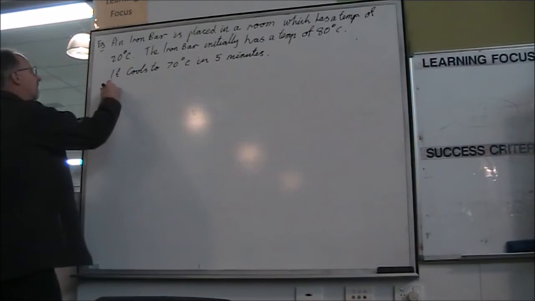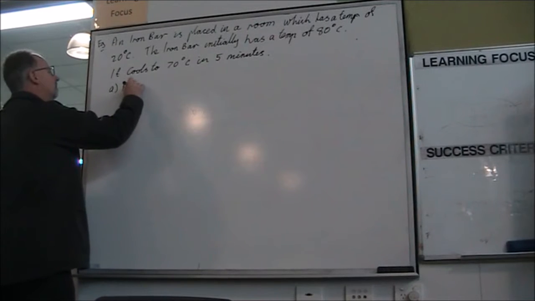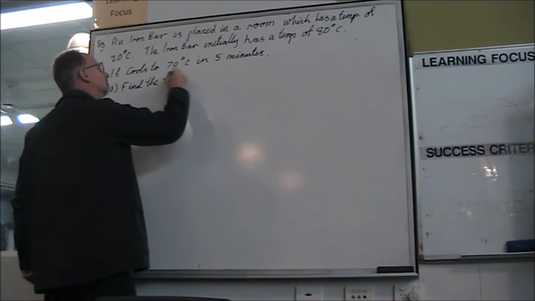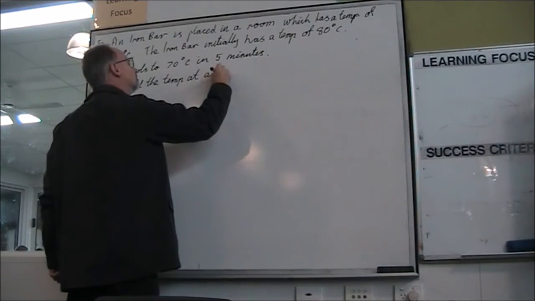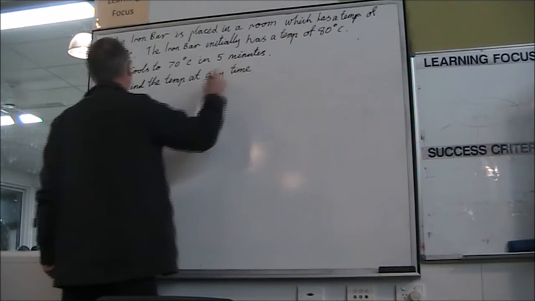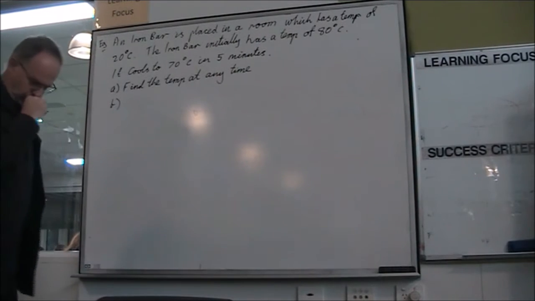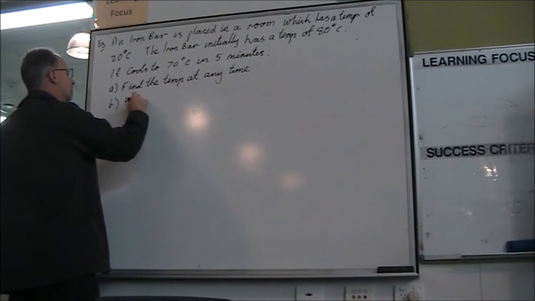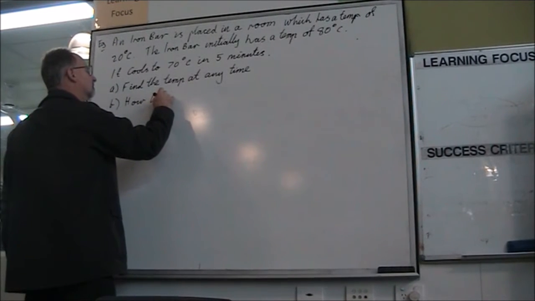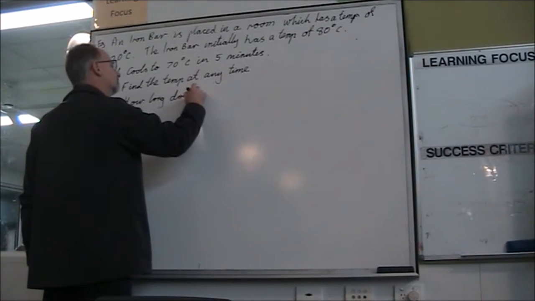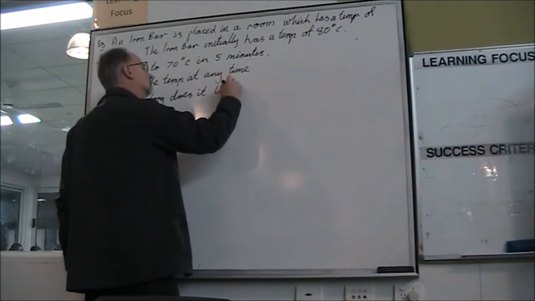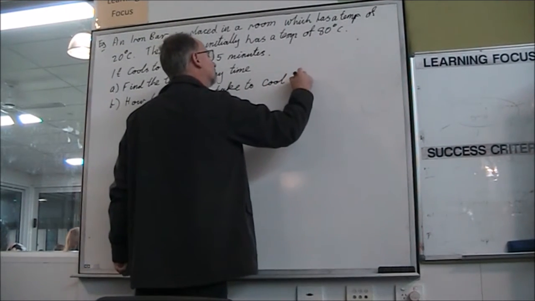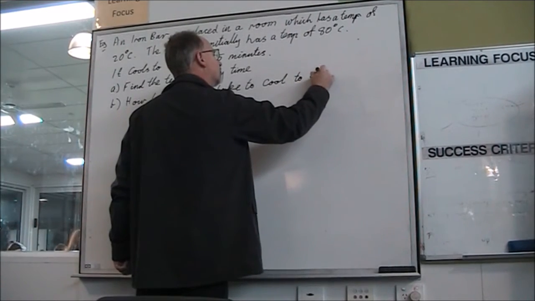So find part A, find the temperature at any time. And part B is how long does it take to cool to 40 degrees Celsius. 40, not 4.